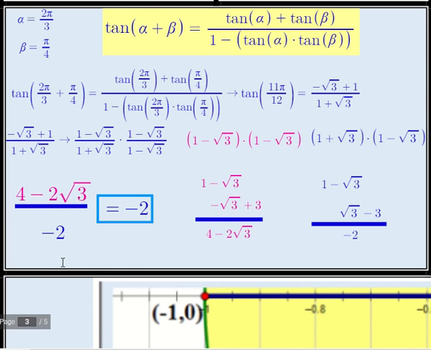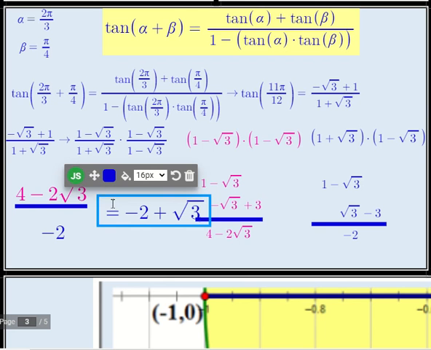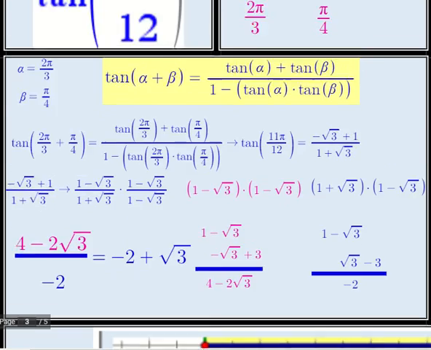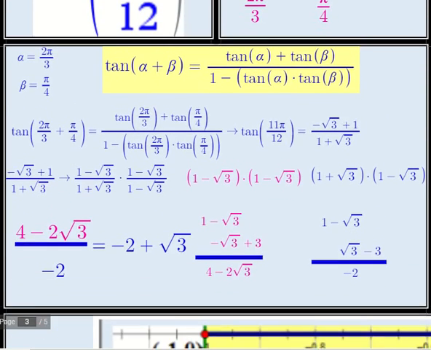Negative 2 over negative 2 is a positive 1. So we have negative 2 plus radical 3. And that is the tangent of 11 pi over 12.